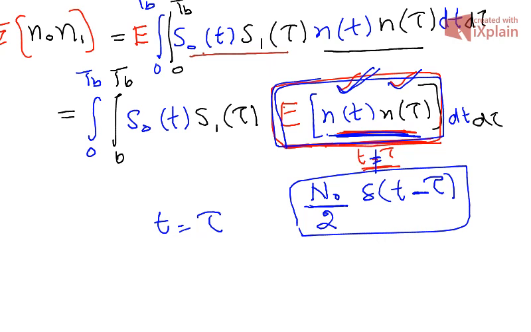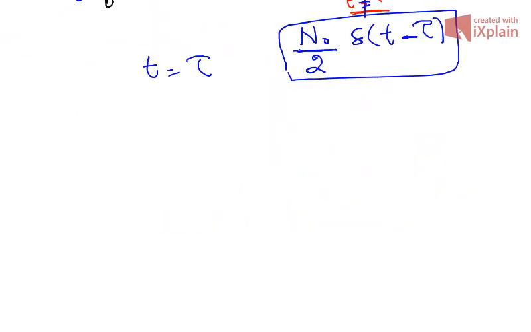So let me put it this way. Let me rewrite this expression below by assuming that t is equal to tau, right? We are talking about the t equal to tau instant.